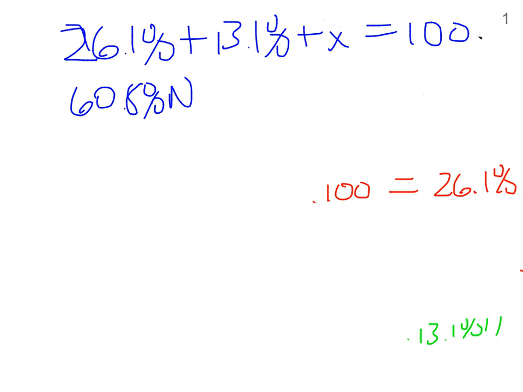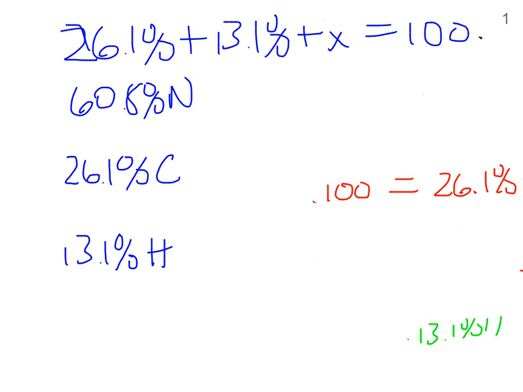Now, once we get that, it's a regular old empirical formula problem. I've got 60.8% nitrogen, I've got 26.1% carbon, I've got 13.1% hydrogen, and then we're going to do all of our normal empirical formula stuff where we assume that we have 100 grams, right? So we divide each by their molar mass.